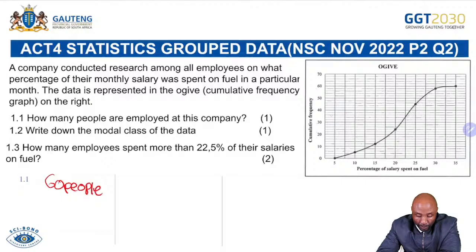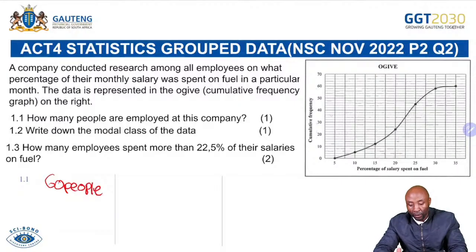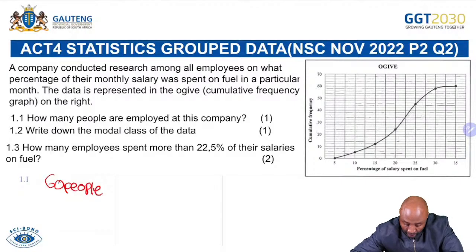How many employees spent more than 22.5% of their salaries on fuel? Again, it's already drawn for you. So this one, you look at the scale. 15, 20, so it means this one is a 2.5 gap, 2.5 gap, 2.5 gap. 5, 7.5, and so on and so on.